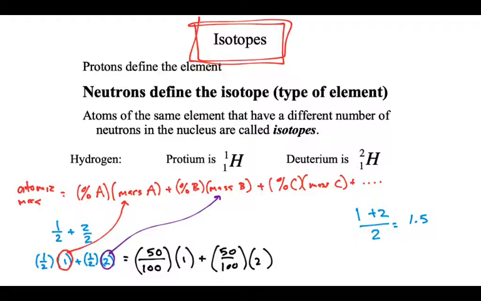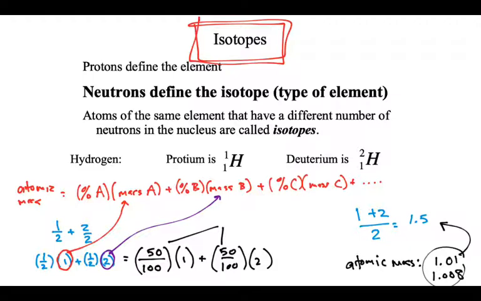When we looked up the atomic mass for hydrogen, what was it? 1.01, 1.008, depending on how many significant digits you used. Are those numbers the same as the average mass? No, which means what was flawed within that calculation? These assumptions were false.